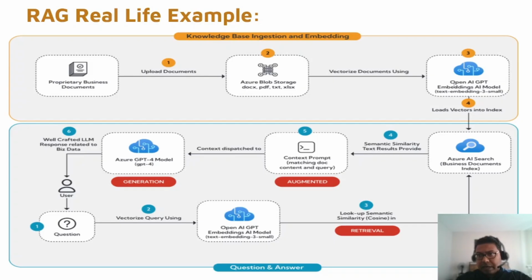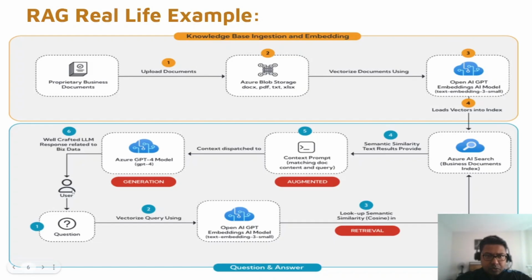This is a real life embedding model example: the embedding AI model, text-embedding-3-small. This is a ChatGPT embedding model. So it is now creating the vector and loading the vector into the index.